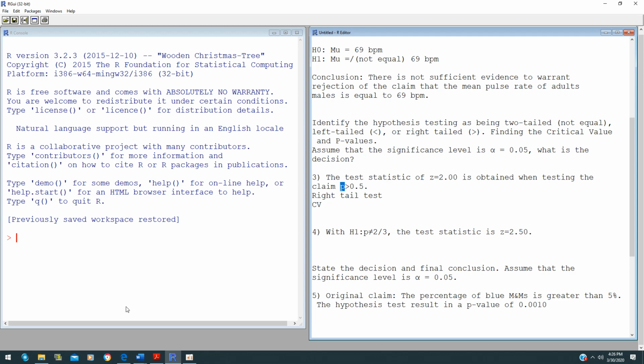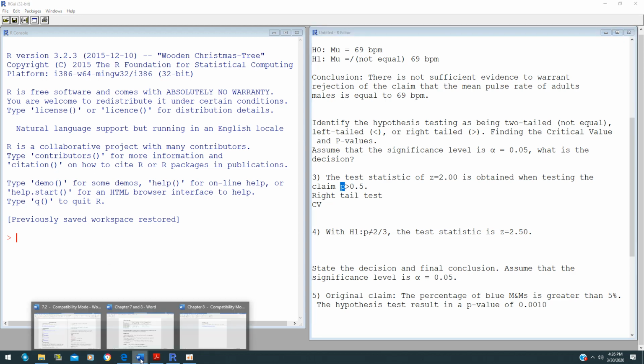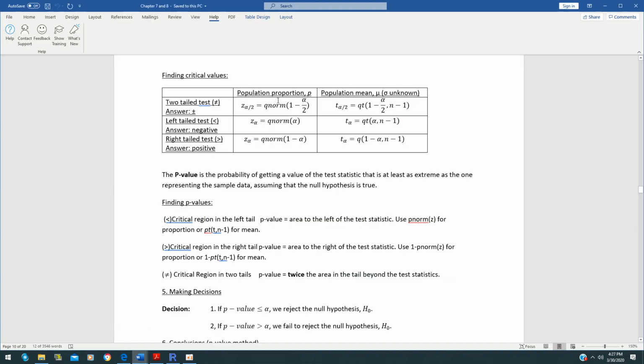Since it is a proportion and a right-tailed test, your critical value z alpha will be qnorm of 1 minus alpha, and alpha in this case is 5%, since that is your significance value. Your answer here is always positive.